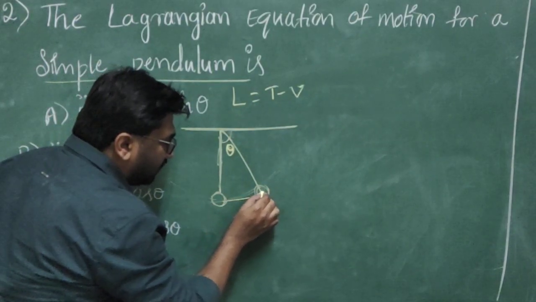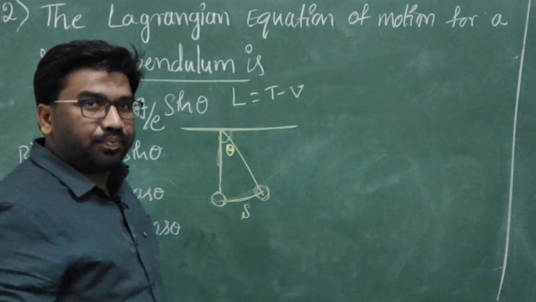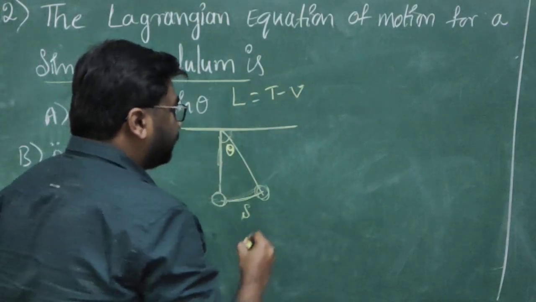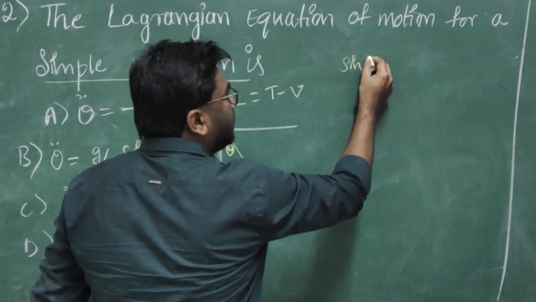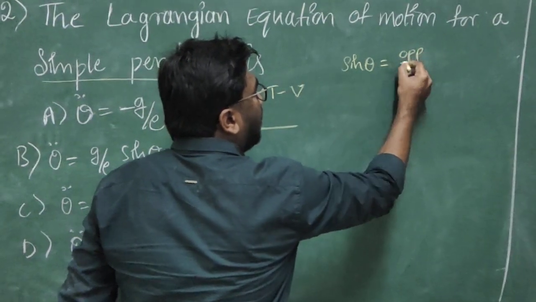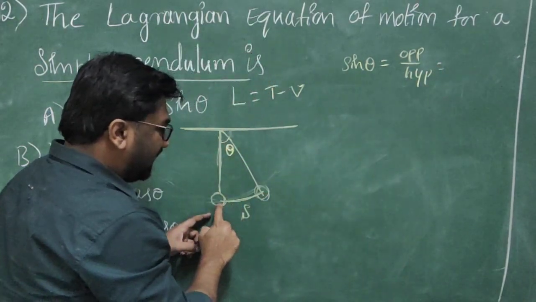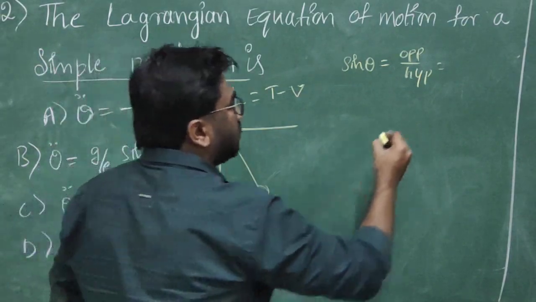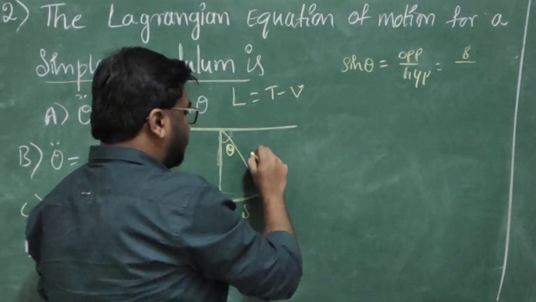The arc of this is S, and this theta is very small. From the trigonometric relation we know that sin theta is equal to opposite by hypotenuse. What is opposite? S. It looks like a straight line. So S divided by the hypotenuse, which is L.